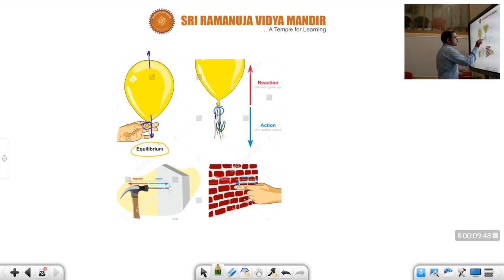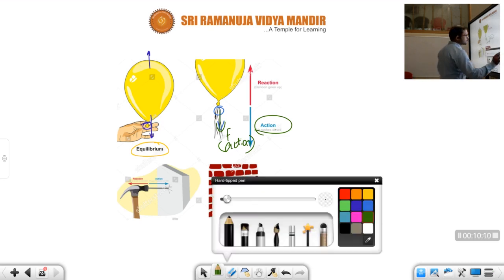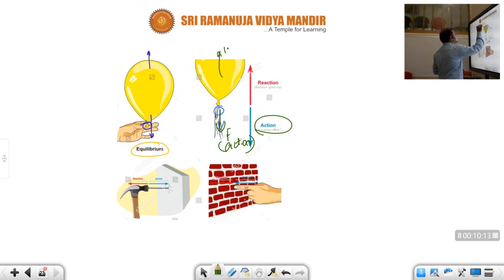In which direction does the force act, children? Downward. That is the force due to action. Okay, the same magnitude of reaction also comes now, children. Reaction force also will come with the same magnitude. So that one acts in which direction? Upward direction. That is the force due to reaction.